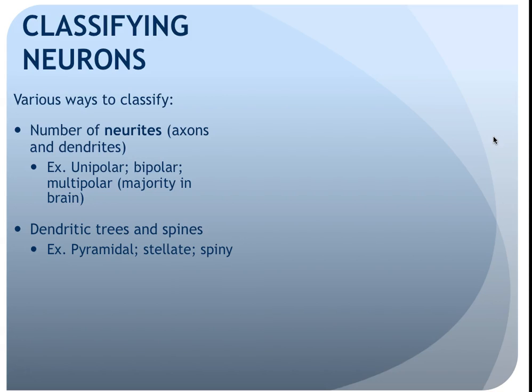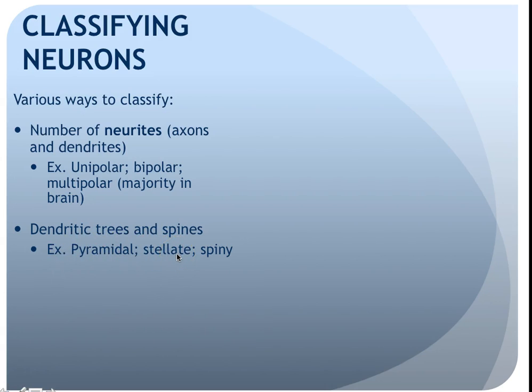Remember, in neuroanatomy, just like any anatomy, there's always the structure-function relationship. So they can be classified by dendritic trees or by dendritic spines. You may hear of a pyramidal cell or a stellate cell. These are two different types of cells that have different arrangements of their dendritic trees. They're shaped in quite a different way. The pyramidals tend to be shaped more like a pyramid, whereas the stellates look more star-shaped.